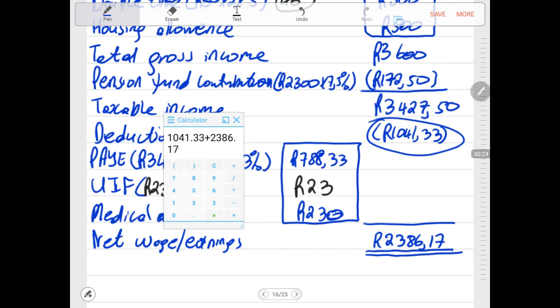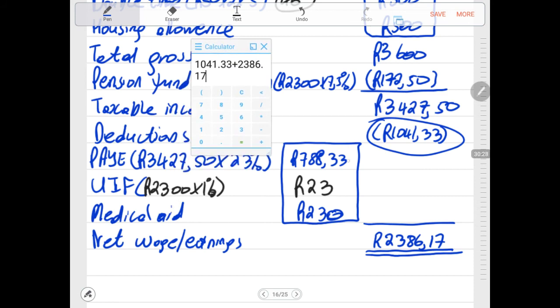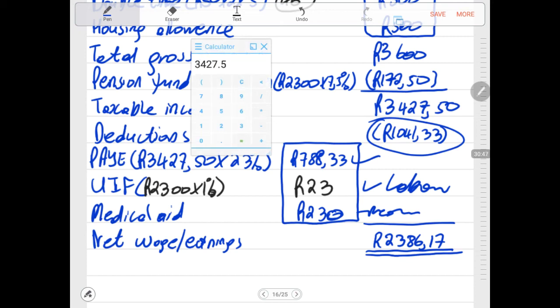If we add what the company is paying, because I have highlighted the fact that the amount of tax, which is pay as you earn, goes to SARS, this one goes to the Labor Department, this one goes to the medical aid company, meaning the company that we work with in terms of the medical aid for our employees. So now if we add those two amounts with our net wage, how much do we get? We get the taxable income.